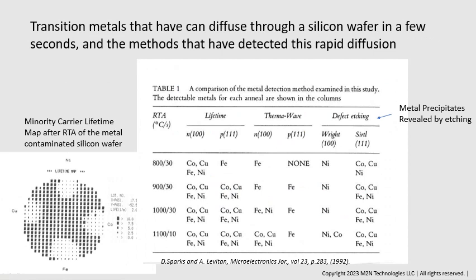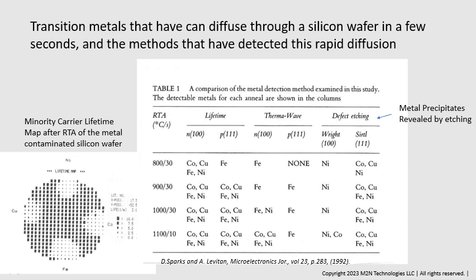And here's some data. This is a paper I wrote a number of years ago, just comparing the different detection techniques, which metals could diffuse through a wafer in 30 seconds at different temperatures with different silicon wafer orientation.